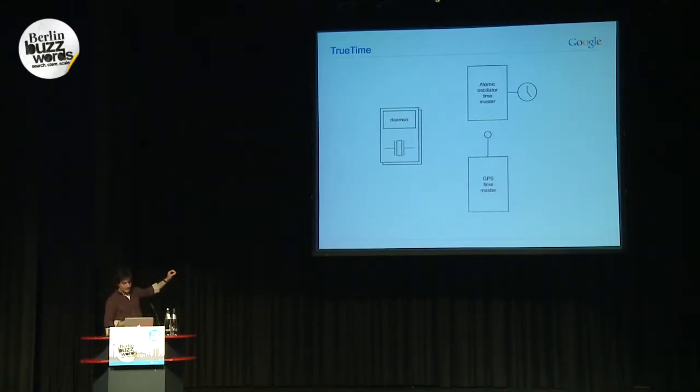Every 30 seconds, the daemon talks to the time masters and gets a time fix. And then in between, it dead reckons based on its own crystal, with the error margin widening as time goes on, at a very conservative rate that we have picked based on what we think the real error margins are and where the enforcement thresholds are and so on, something like 200 parts per million.